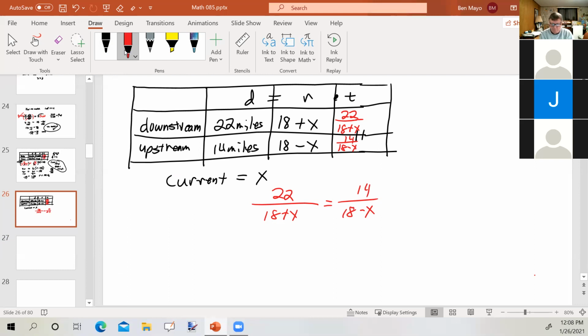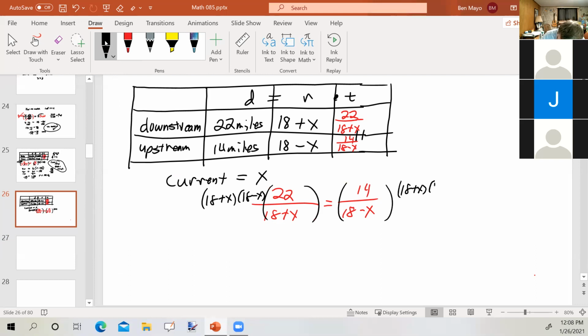Okay. Now, the LCD is going to be 18 plus X times 18 minus X. Over here, the 18 plus X's go, and we have 18 minus X times 22.